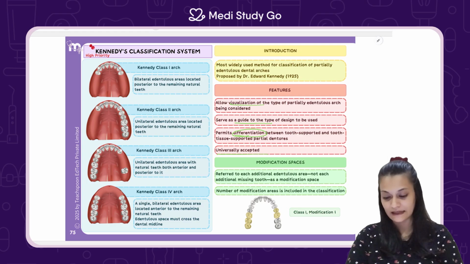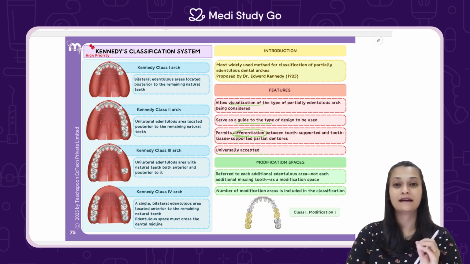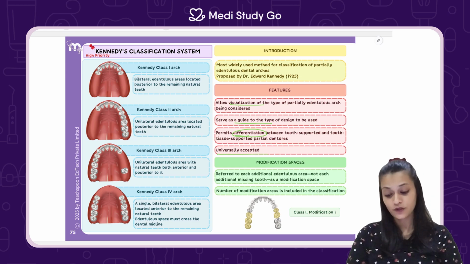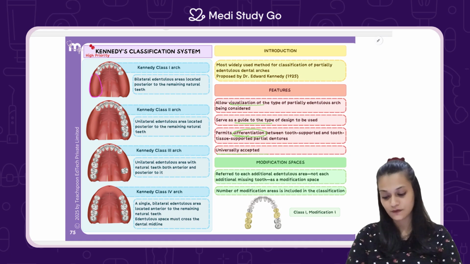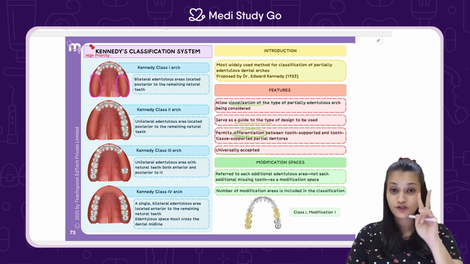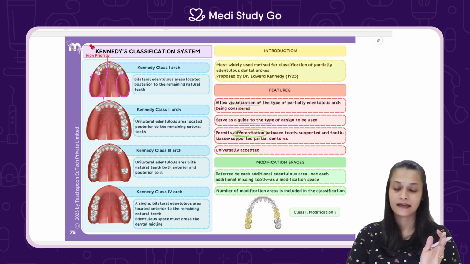It was very easy. If you understand this once with attention, you are going to make it a permanent learning in your mind. So the first thing is, it was bilateral to the remaining natural teeth. 2 sides, bilateral to the midline, remaining natural teeth.